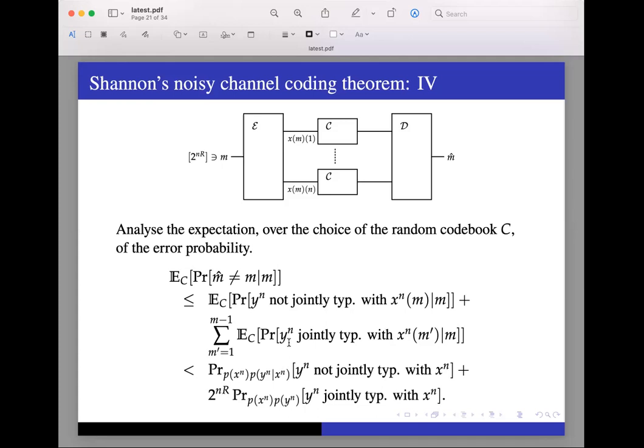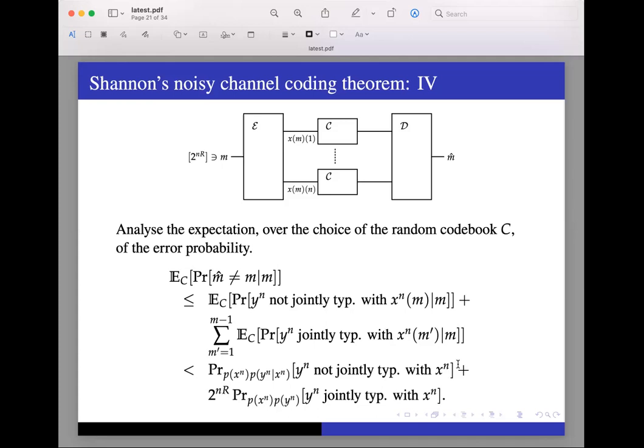It is independent of xn of m prime. So the probability distribution on yn is nothing but the marginal probability distribution P_Y to the n. And now the question is, what is the chance that yn is jointly typical with xn under this kind of probability distribution? And you expect that this will be very small.